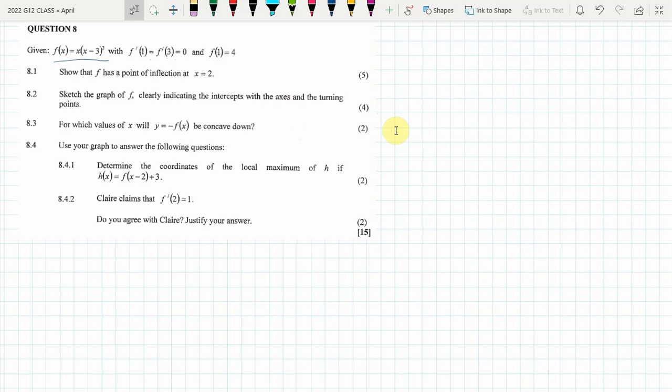Find the second derivative, yes. But f is written in an unusual form, so it's not easy to differentiate right away.